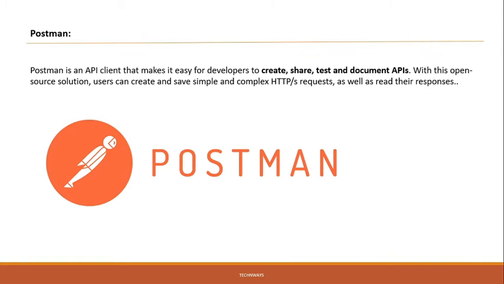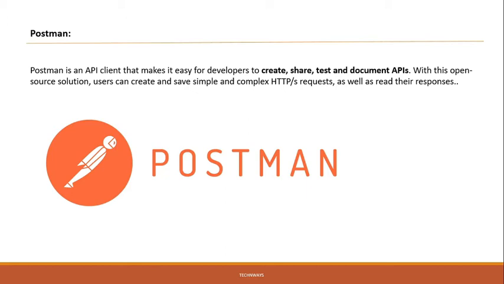Postman is basically an API client using which we can create, share, test and document APIs, web APIs basically. It's an open source system, so we don't need any key and we don't need any license to use this system.